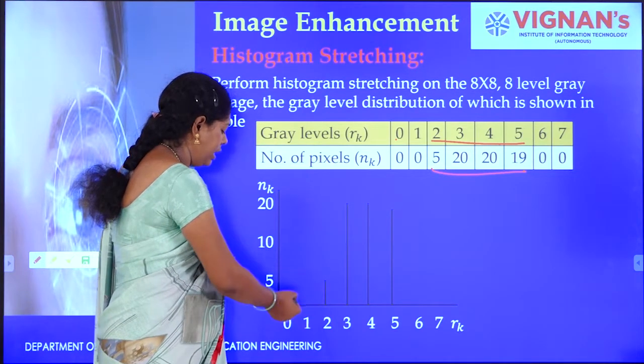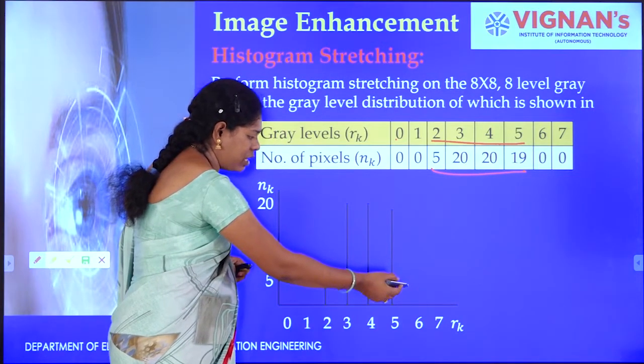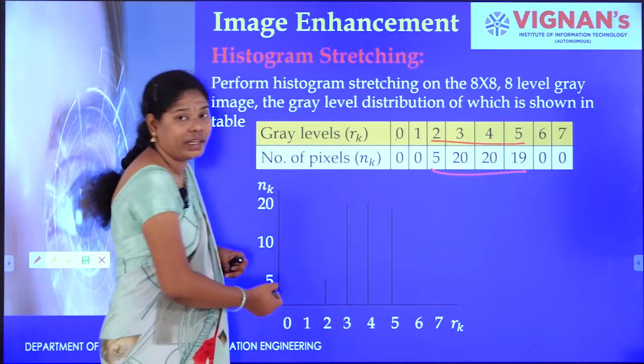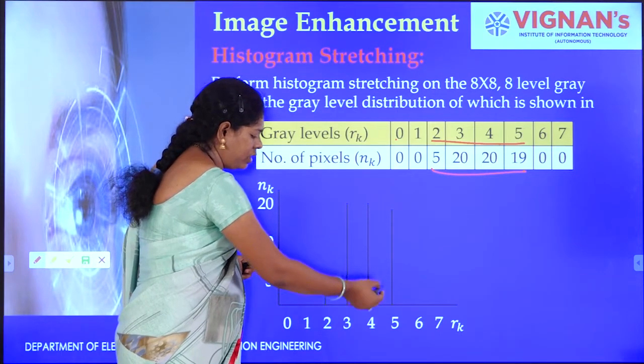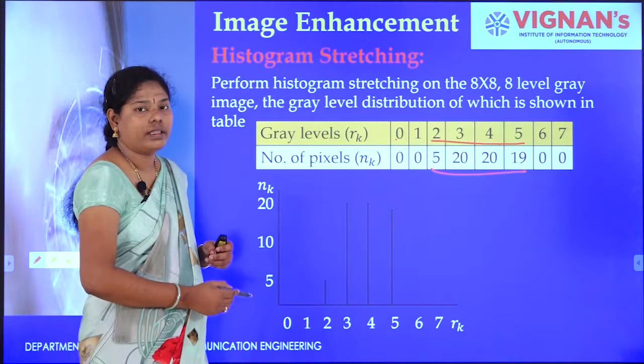It is a low contrast image. As we have seen, if the histogram spreads over the entire region, only then do we get a high contrast image. But here it is concentrated only on the center, so it is a low contrast image.